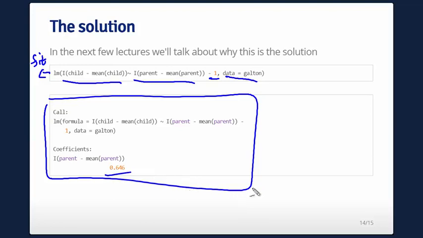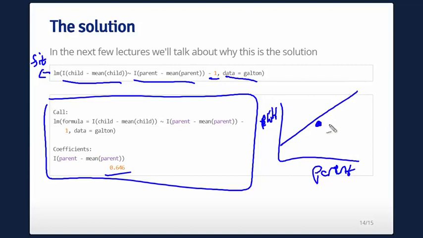So the 0.646, if we were to plot centered child height and centered parent height on the horizontal axis, and we had a pivot point right there in the middle. There's my pivot point. It's a big point now.